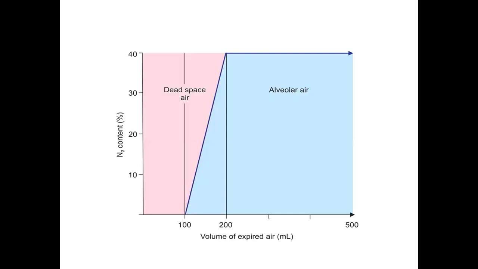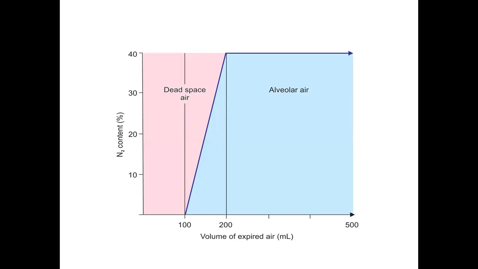So this is how the record is taken. If you are plotting a graph by any of these methods, on the horizontal axis you have the volume of expired air, and on the vertical axis you have the nitrogen content. This is the graph taken by the single breath nitrogen technique.